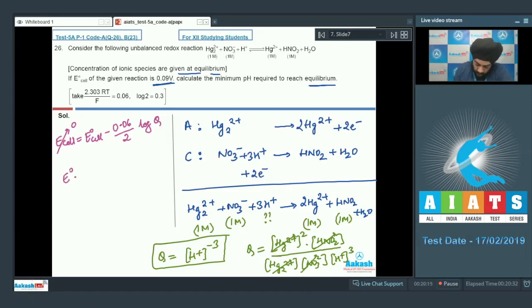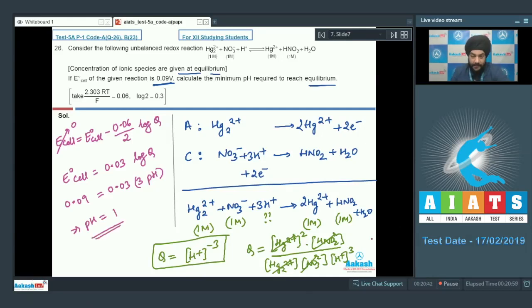So we have E naught cell equal to 0.03 into log of Q. Putting the value of E naught cell as 0.09, it should be equal to 0.03 into 3 times the pH value. So the pH comes out to be equal to 1. The pH at which this reaction will be at equilibrium for the given concentrations of the ions or the products has to be equal to 1. So students, for this question, we have to mark the answer as 1. Let us look at the next question.